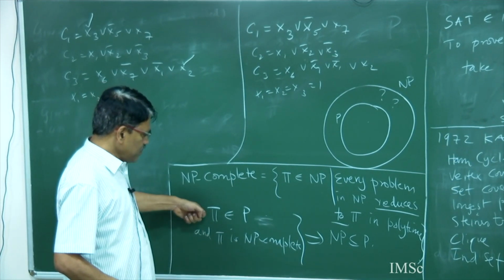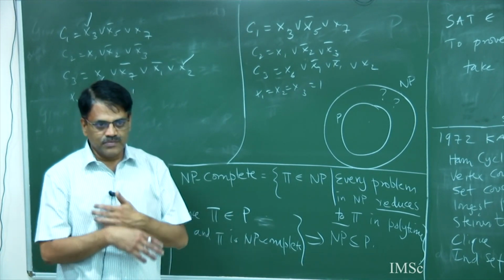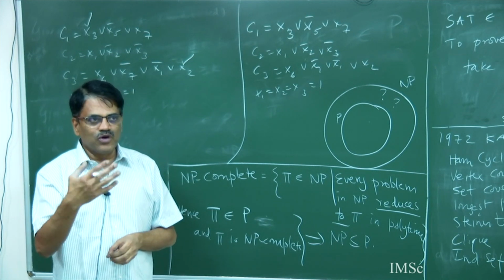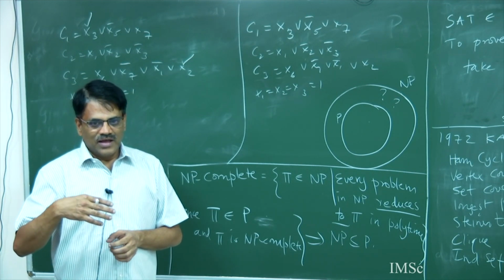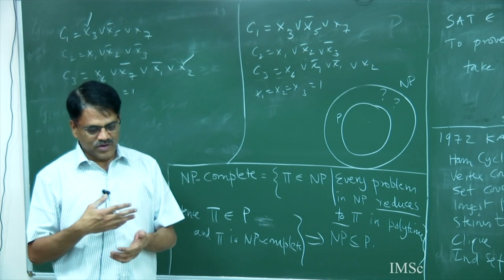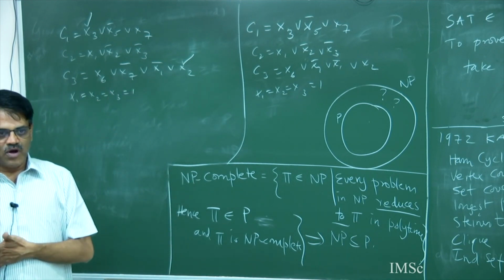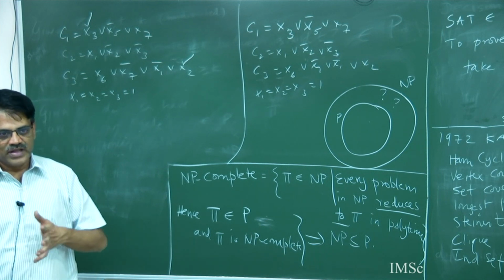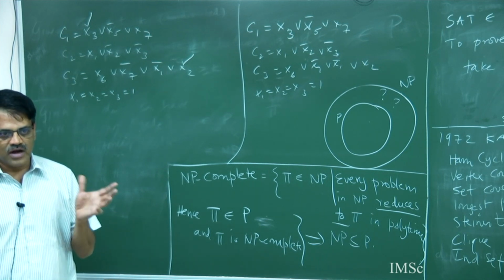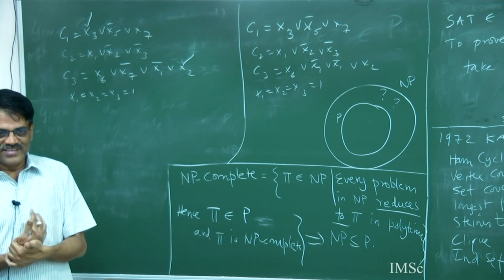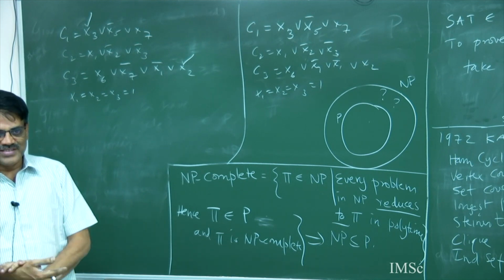So, if an NP complete problem has a polytime algorithm, then every problem in NP has a polytime algorithm, and people somehow do not believe that NP and P are the same, because one is clearly about verification, the other is about finding solutions, and we believe that finding solutions is much harder, right, because you all can read papers, but it does not mean that you can actually come up with the results in the paper.